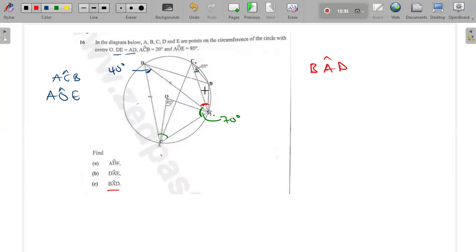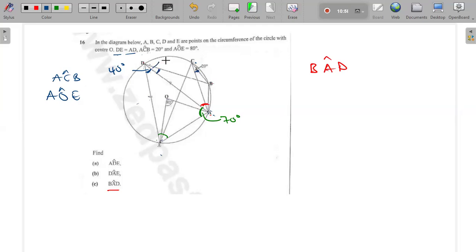So what we'll use is we'll first find this angle here, and then we'll use that. Since we have A here, if we move from A to D, then to B, and then we move also from A to C and then back to D, you see that we form angles that are on the same segment. So this angle, the 20, and this one there are going to be equal.